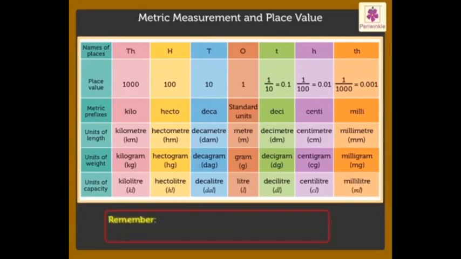Students, remember, we attach certain prefixes to standard units to obtain bigger or smaller units. The units appearing to the left of the standard units are bigger. The units appearing to the right of the standard units are smaller.